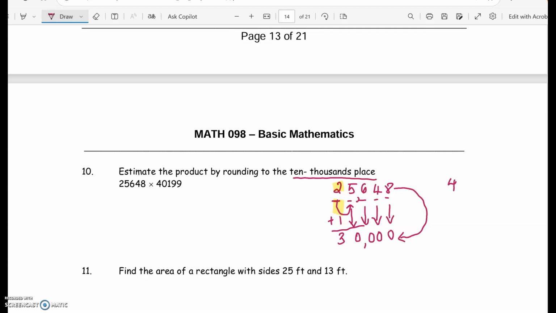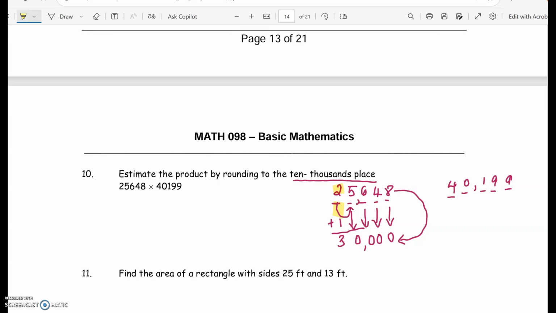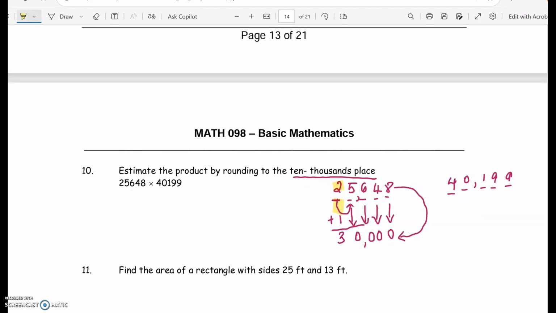Now let's look at the next number, 40,199. So that's the ones, tens, hundreds, thousands, 10,000. So this is the 10,000s place. Okay, so look, one place value to the right, it's a 0 that tells us to round down, which means leave the 4 alone.